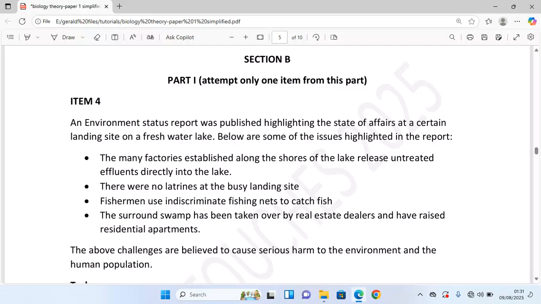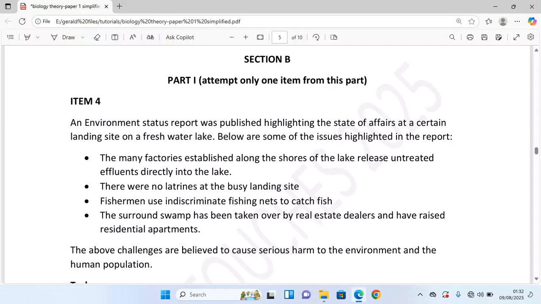Item 4 reads, an environment status report was published highlighting the state of affairs at a certain learning site on a freshwater lake. Below are some of the issues highlighted in the report. The first issue, the many factories established along the shores of the lake release untreated effluents directly into the lake. Then another one, there were no latrines at the busy landing site.